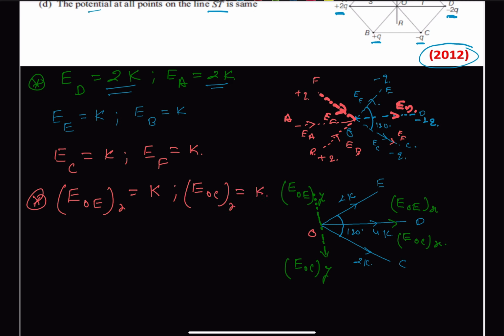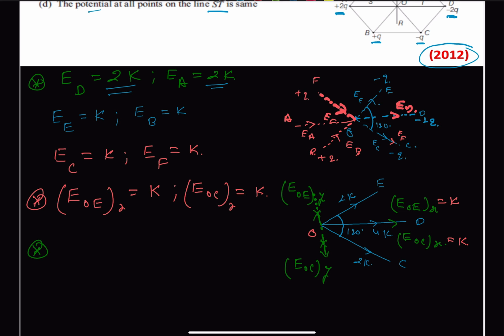So the net electric field: this value is K and this value is also K, and we have to remember that the angle between the two is 120 degrees, and these two Y components will balance out each other.